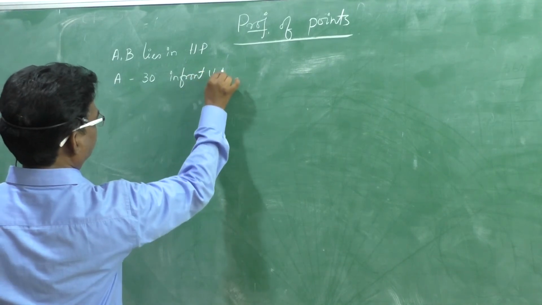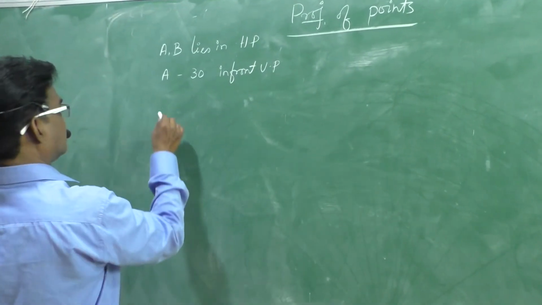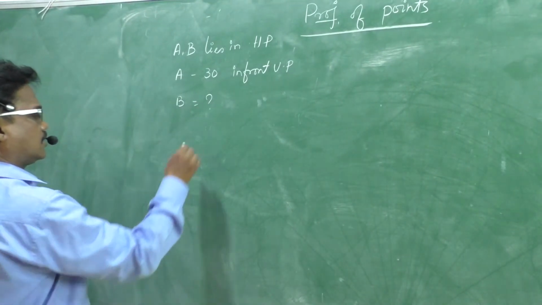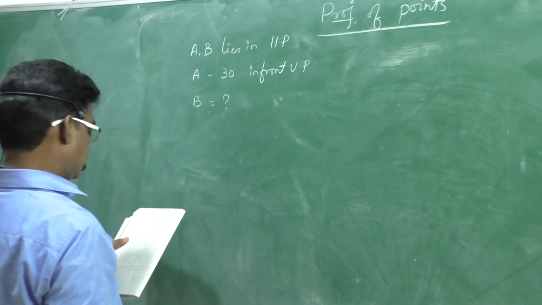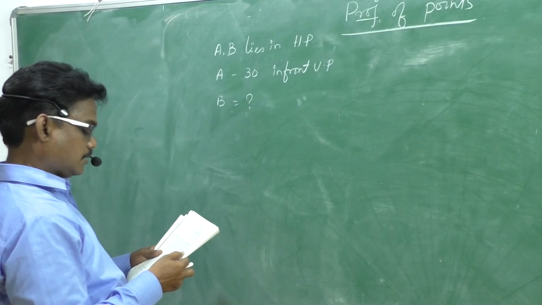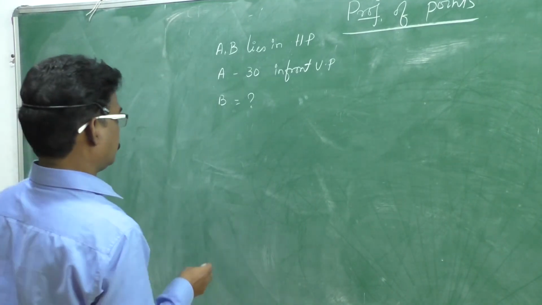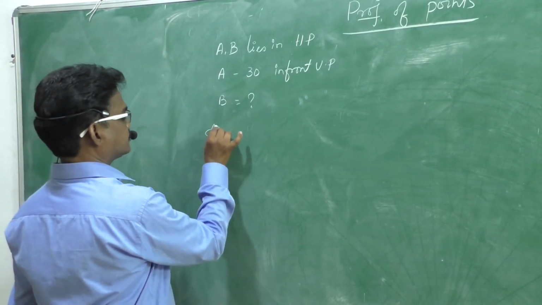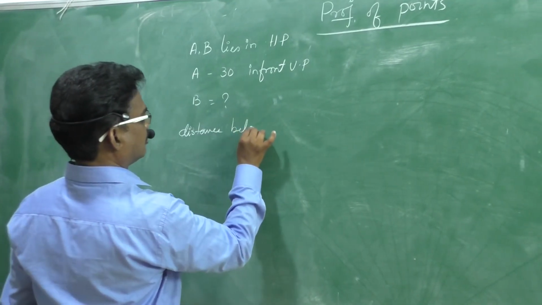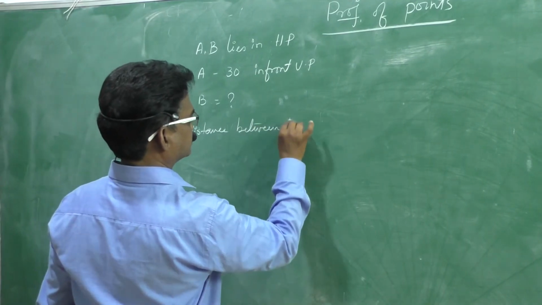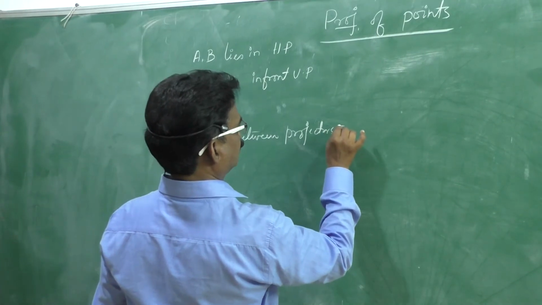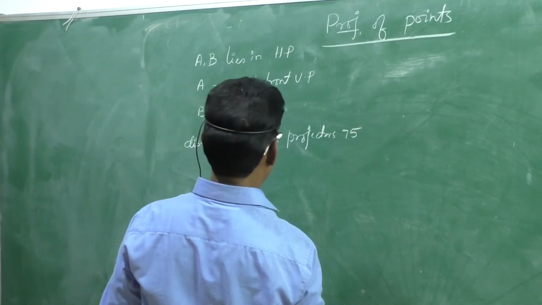Next, B, the distance we need to find, it is not given in the problem. Next, the distance between their projectors is 75 mm.